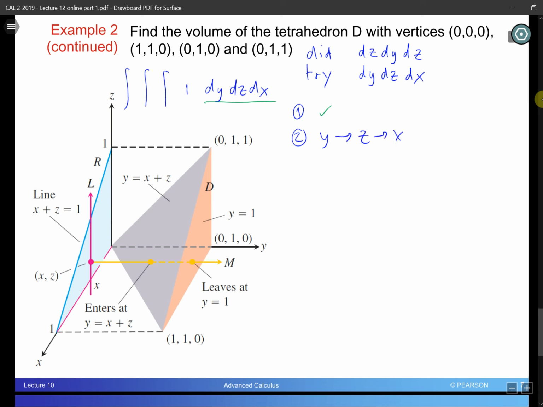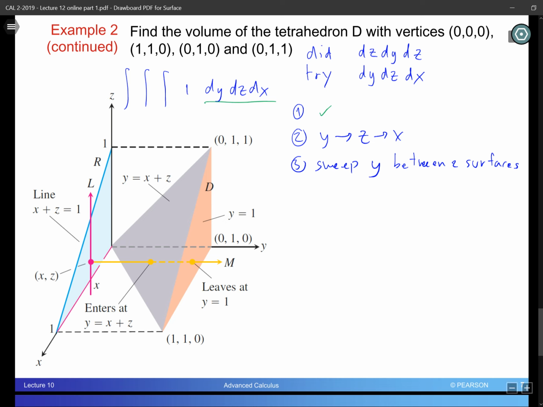Now 3, sweep the first variable, which is y, between two surfaces. So you are going to have to sweep the y variable in the y direction between two planes.